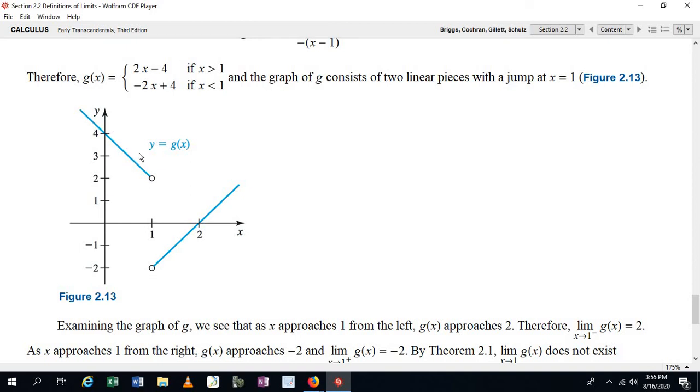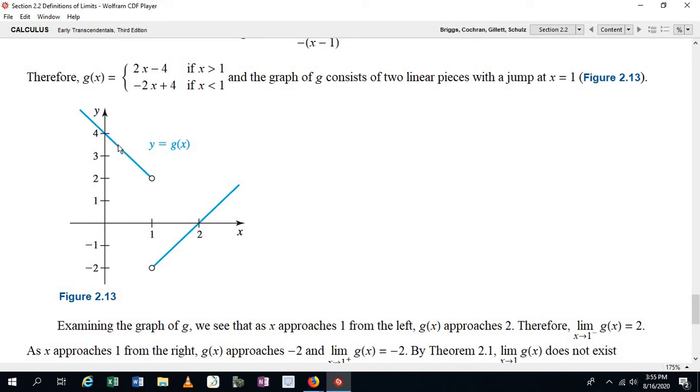Now, if you approach from the other side, from the left side of 1, so you're plugging in numbers like this and getting closer to 1, I think you can see the y value is getting closer to 2. Another way of thinking of it is if you're approaching from this side, then your ordered pairs are here on this path, not this one.